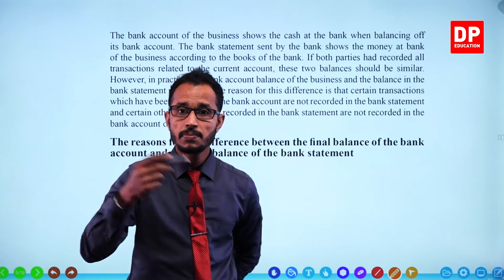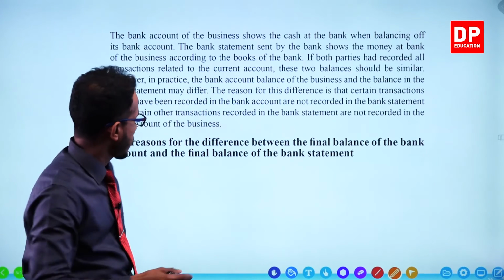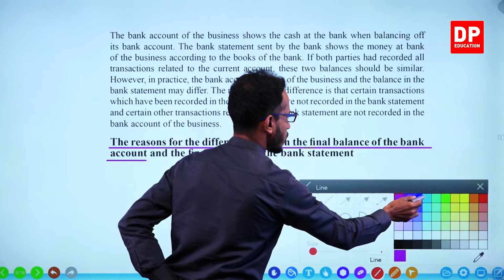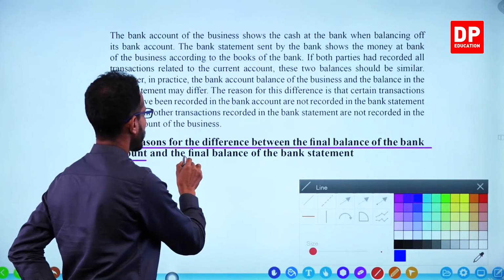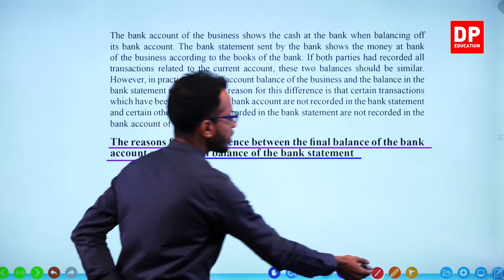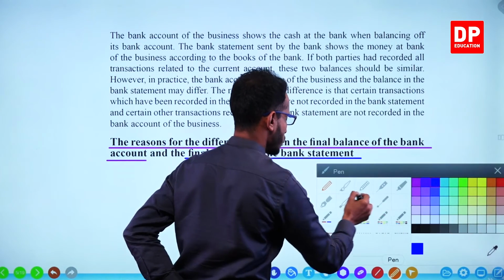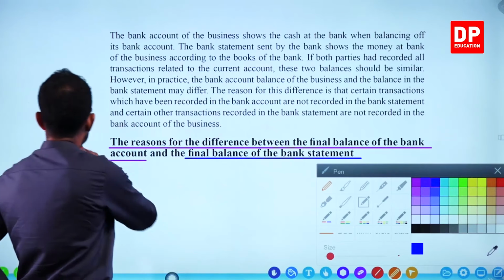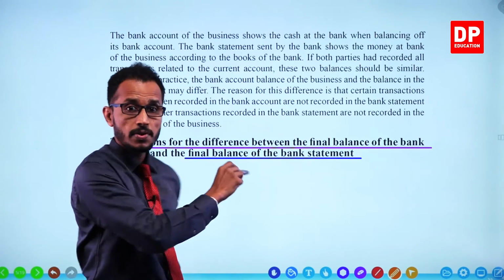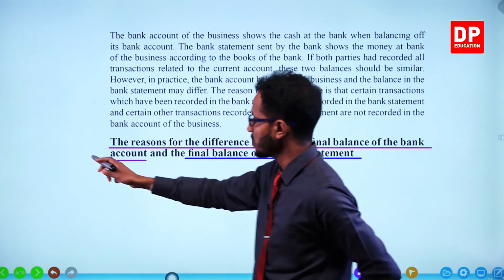I'll just skip the paragraph to the final sentence. The reasons for the difference between the final balance of the bank account and the final balance of the bank statement. Now I'm going to add some words to it. It's better if I move this way so you can see clearly.